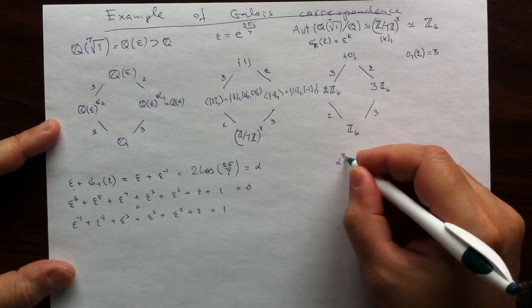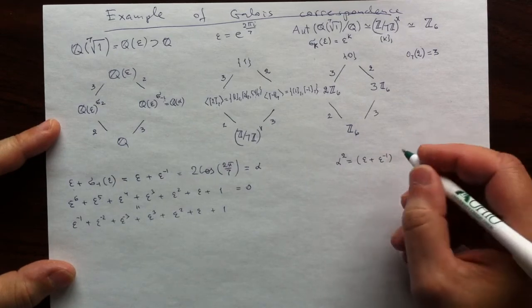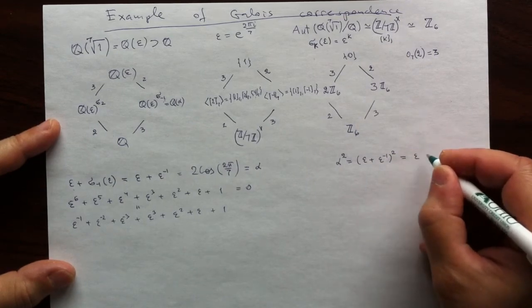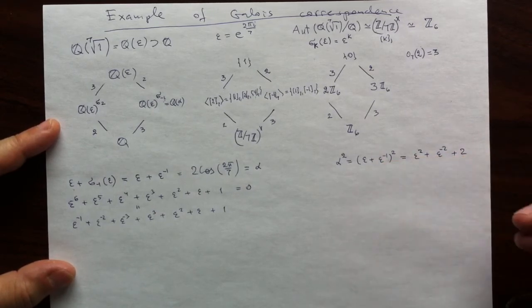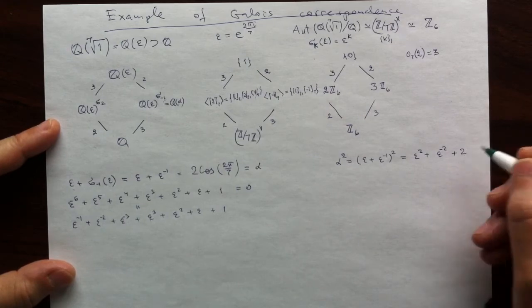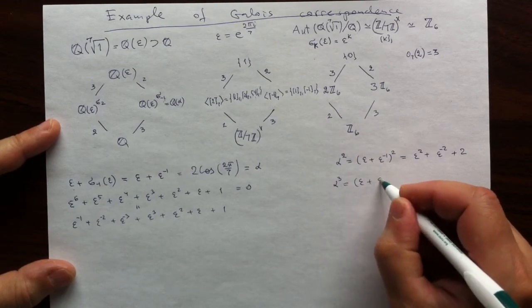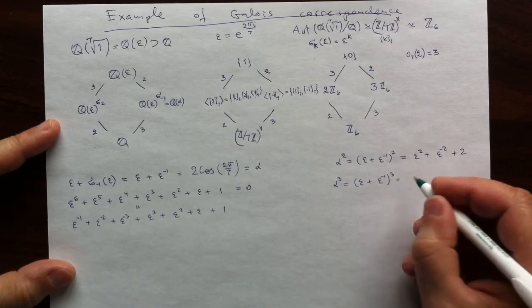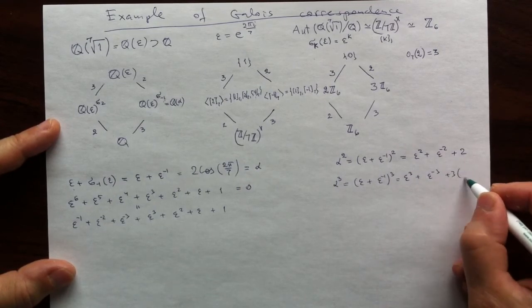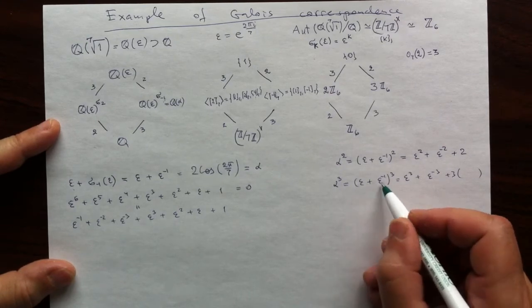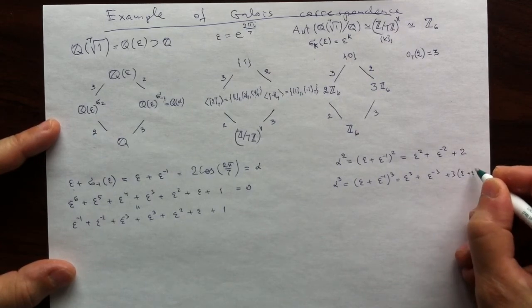So let's see what the square of alpha is. If we just write it as the square of epsilon plus epsilon inverse and use the binomial formula, we'll have the sum of squares and then twice the product of the two, and that is just 1, so we have an extra 2. Similarly for the cube, we use the binomial formula to get the cube and the negative 3rd power, and then with coefficient 3 we will have the square of one and the other in the product, and each such product is just either epsilon or epsilon inverse.